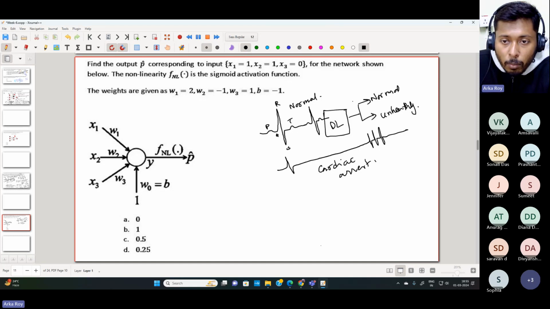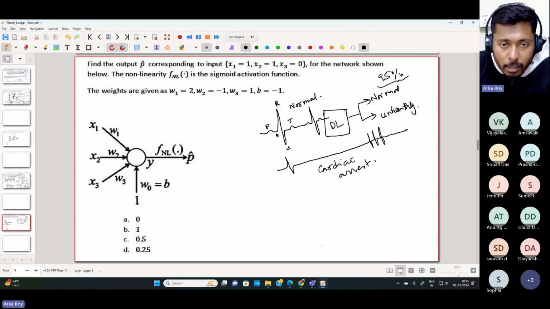Now, given this model, if you are getting, let's say, 95% accuracy, your question is what is the next thing that we can do. So next, if your model is working well, you can deploy it in real time.